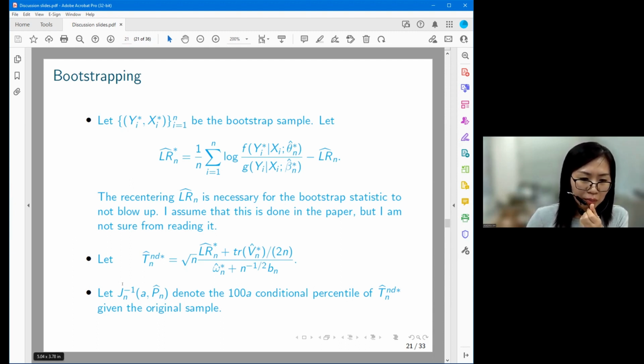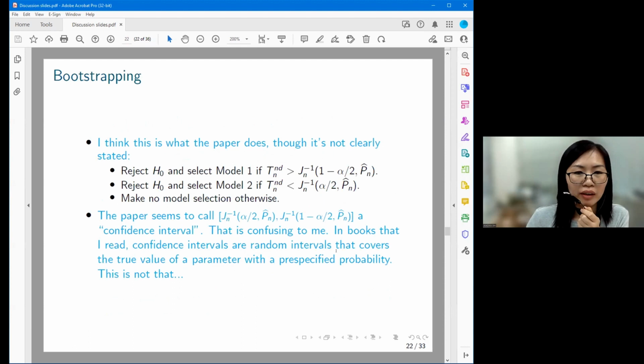And then suppose this is the 100A conditional percentile of the bootstrap statistic, so this Jn inverse A, where Pn hat stands for the empirical distribution of the data. That percentile you can calculate by simulating the bootstrap statistic many times. And I think this is what the paper does.